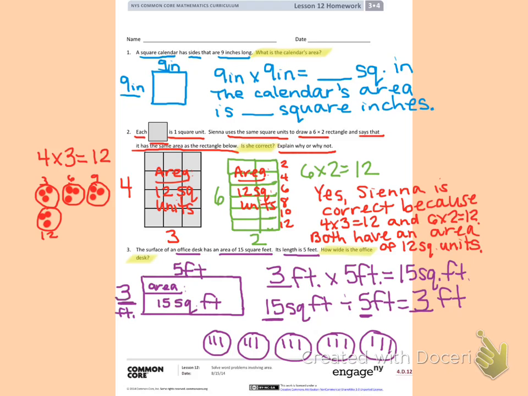Because it's a word problem, we have to answer in a sentence. How wide is the office desk? The office desk is 3 feet wide.